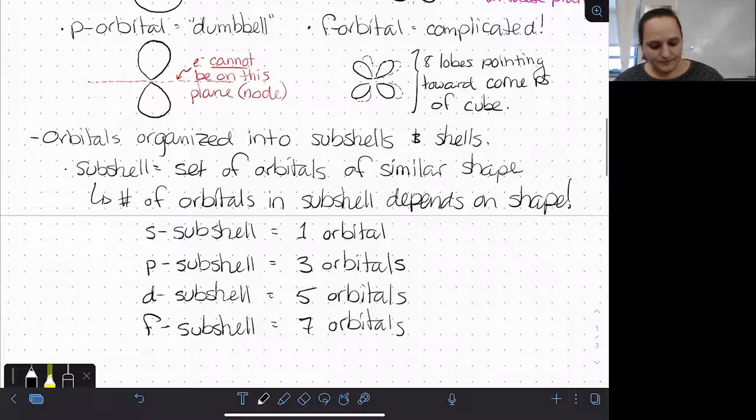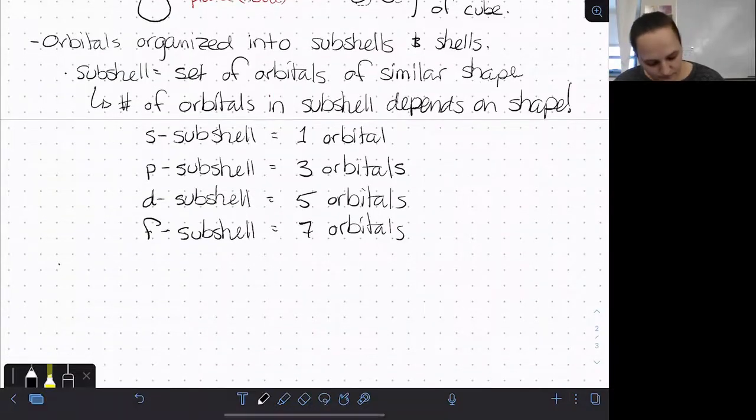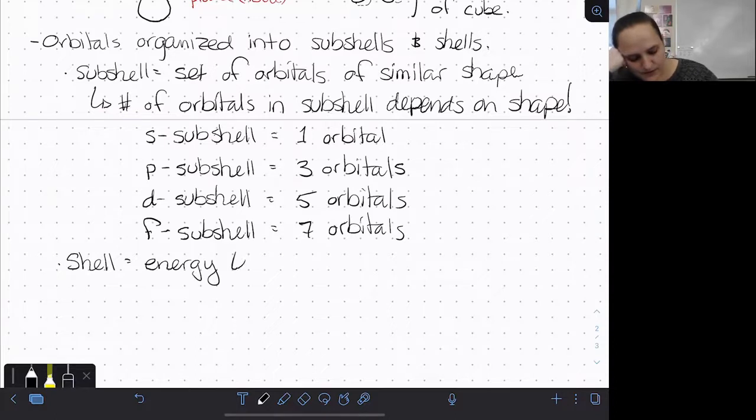Then the shell, which groups subshells, is also known as the energy level, or sometimes the n level.